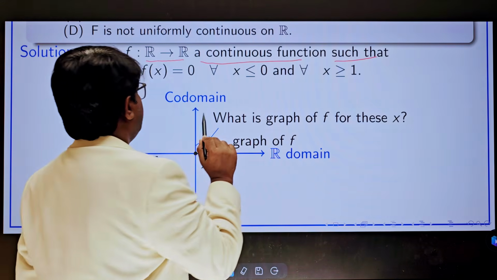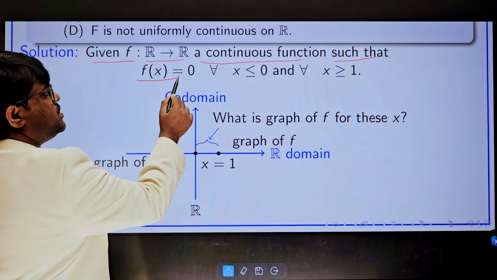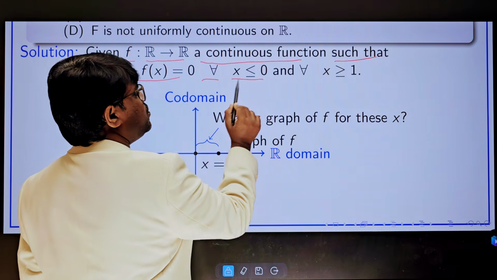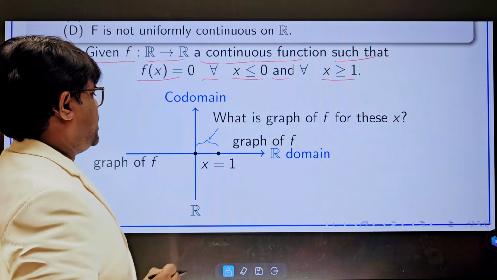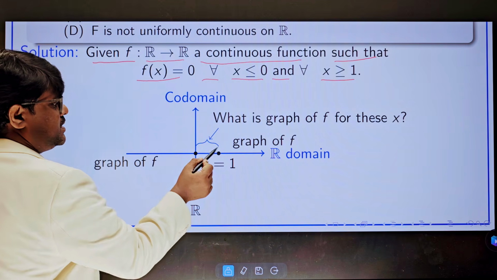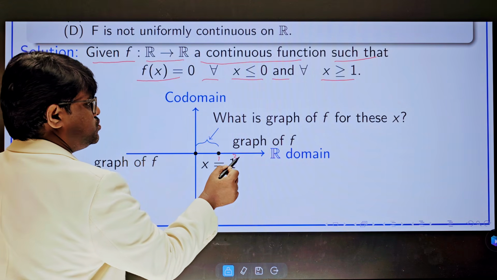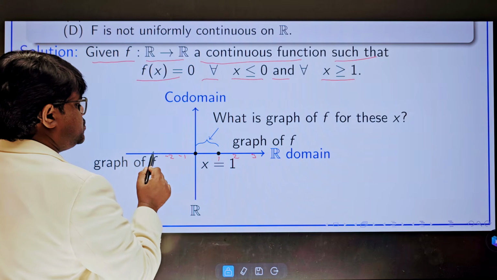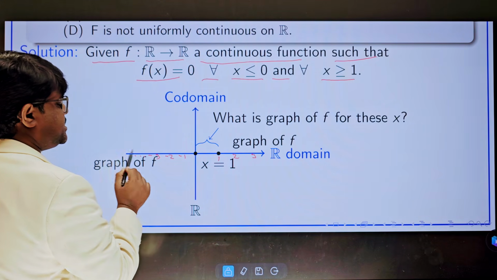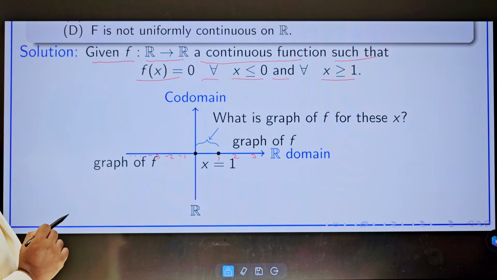such that f of x equals 0 for all x less than or equal to 0 and for all x greater than or equal to 1. Therefore, this is 1, this is 2, this is 3 and so on, this is minus 1, minus 2, minus 3 and so on.